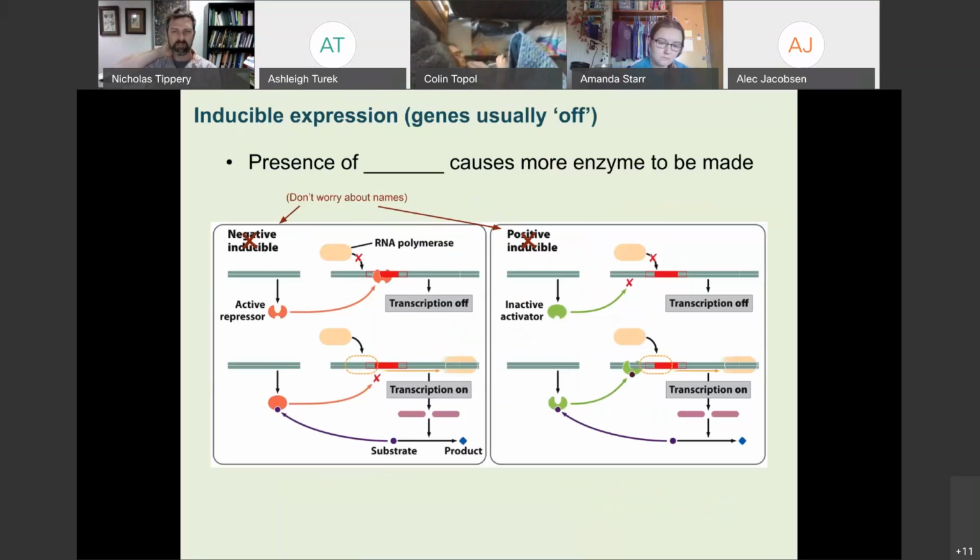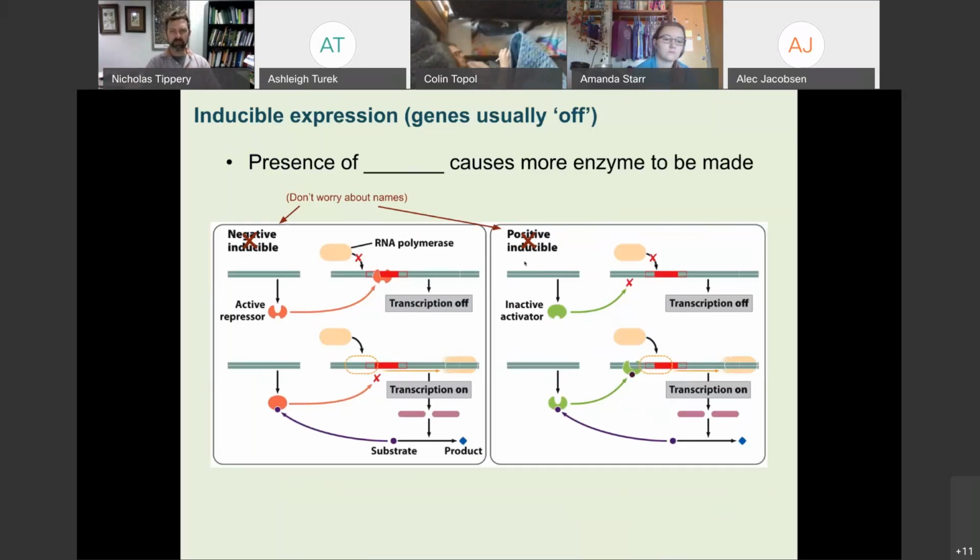So I didn't want to give you one more to worry about, this idea of negative inducible or positive inducible. I haven't really run into that in my experience looking at gene expression, so it seems to me one level of vocabulary you probably don't have to worry about. So we're not going to name them as terms, but we are going to talk about what happens.